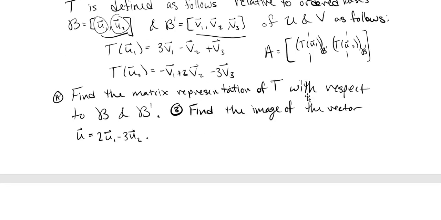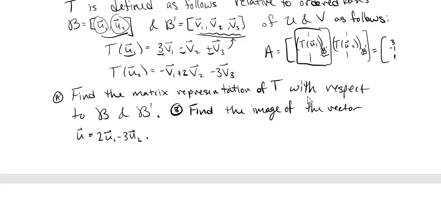So all we have to do is very little here, in fact, because we already have the image of u1 is 3 times v1 minus 1 times v2 plus 1 times v3. That is giving us the linear combination of these basis vectors in B prime, which gives us the coordinates of T of u1 relative to B prime: the scalars we have here, 3, -1, 1.